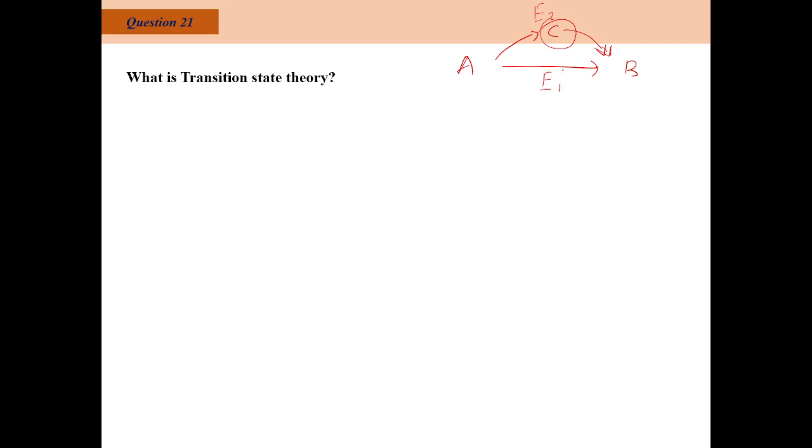Sometimes this will become very close to that of E1, and hence there will be an equal probability for A to become C as well as A to become B. But if this is much larger, then probably this will form B, but there is also a probability that it will form C. So all this hinders us, and we should have good control over the reaction so that we get our desired product.